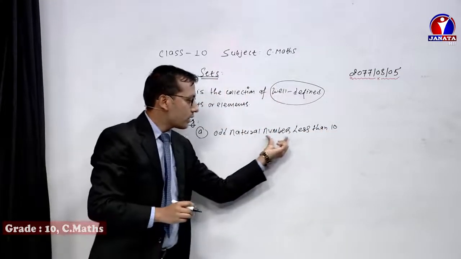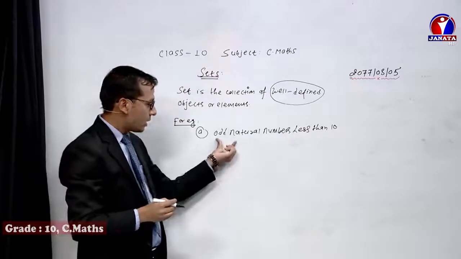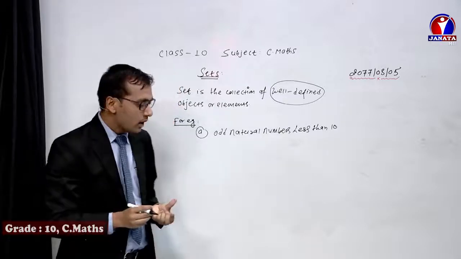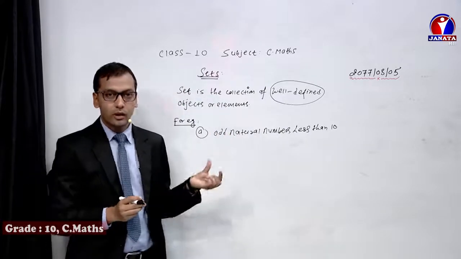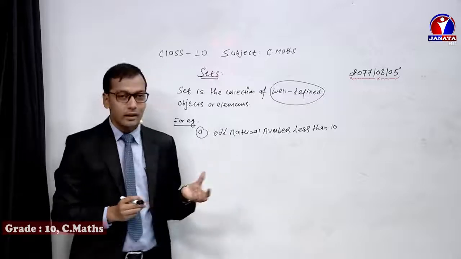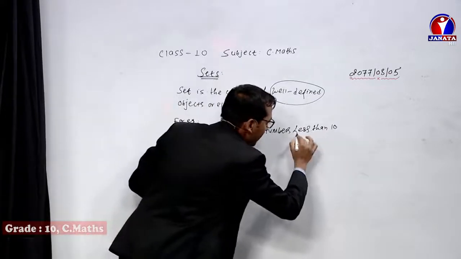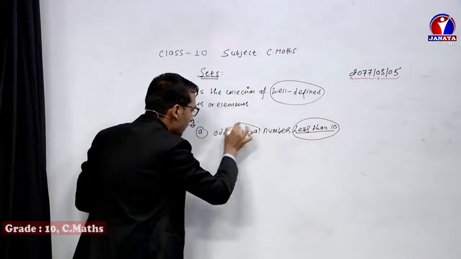All of us know what the odd natural numbers less than 10 are. There is a fixed number of odd natural numbers which are less than 10. It's clear they are less than 10, but the numbers are odd and natural.